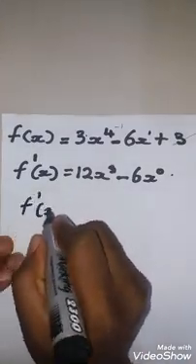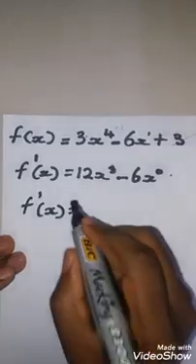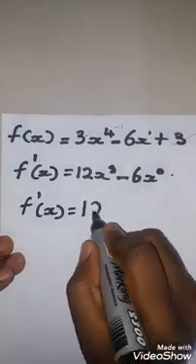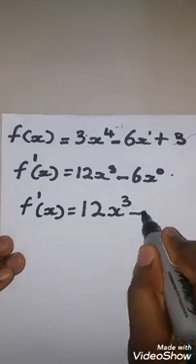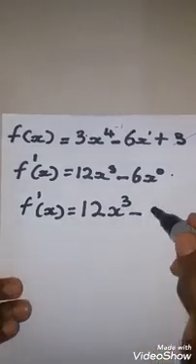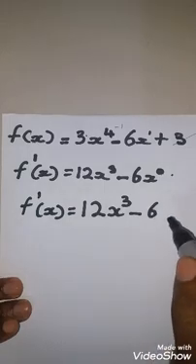So it will be f prime of x equals 12x cubed minus x raised to the power 0, which is 1 from our knowledge of indices, so minus 6. So that's it.